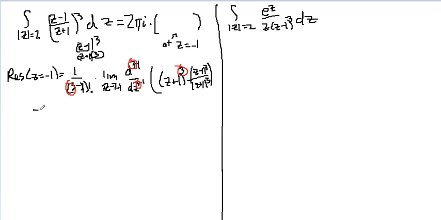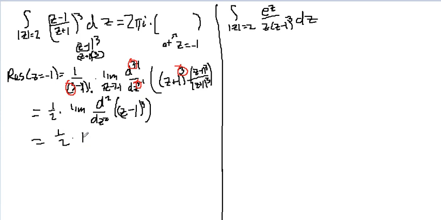So now we just compute, right? 1 over 3 minus 1 factorial is the same as 1/2 times the limit of the second derivative of z minus 1 cubed. Okay, well, now I just need to take the first derivative, and I'm going to get 3 times z minus 1 squared.